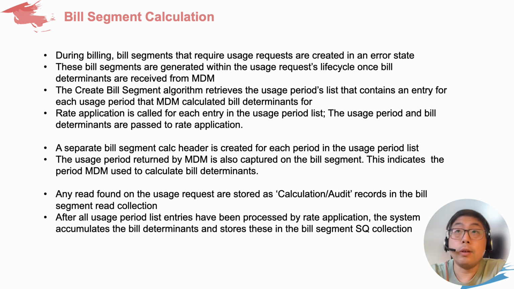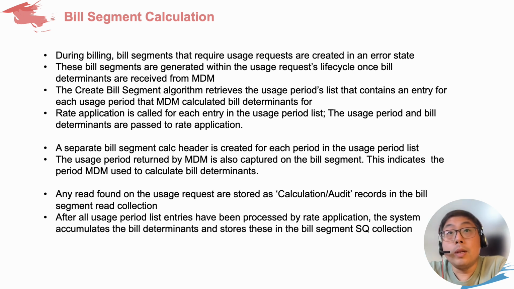All the calculation headers will be shown there after a rate is applied. After all the usage period entries have been processed by rate application, the system accumulates the bill segments and stores these in the bill segment SQ collection.